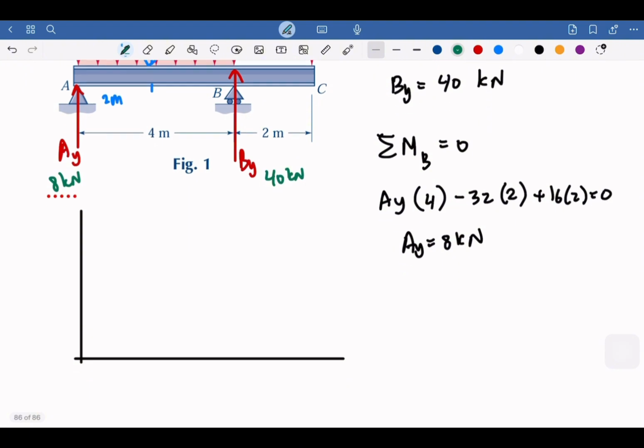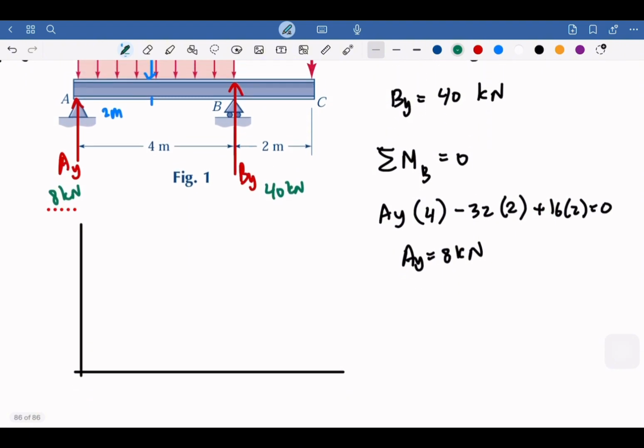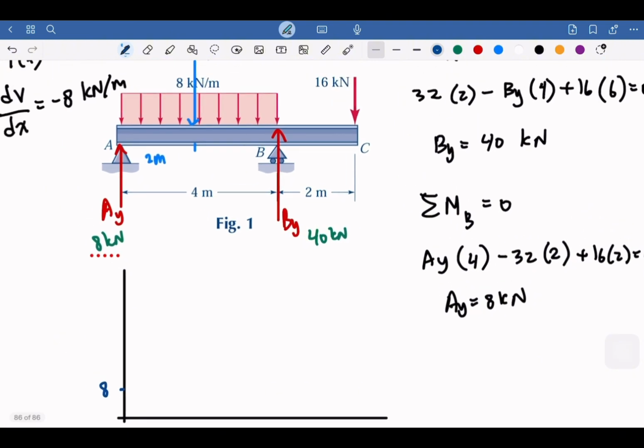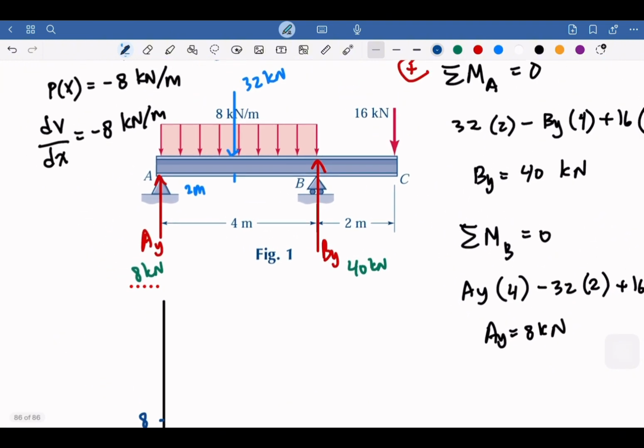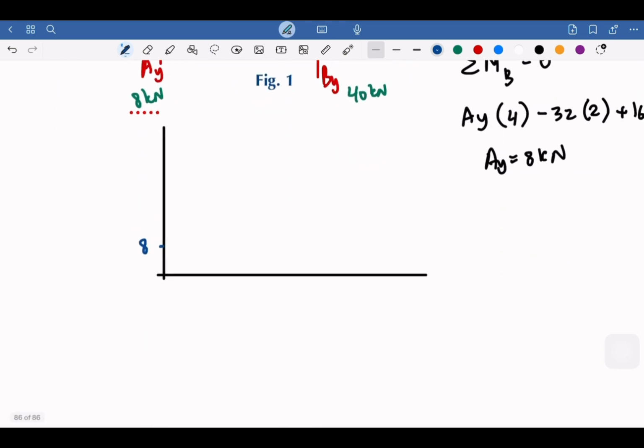Now we can take this 8 kilonewton as our starting point for V. So we start V from 8, and then it will be going down with a slope of negative 8. So we go down from this 8 into 40.